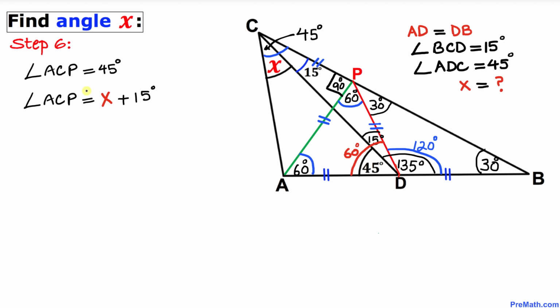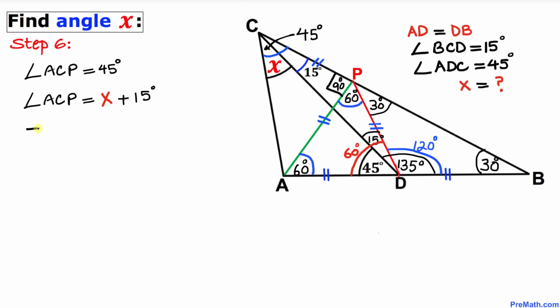And here's our final step. Our angle ACP is 45 degrees as we can see, and this angle ACP is also equal to the sum of these two angles X and 15 degrees. I wrote down angle ACP equals X plus 15 degrees.